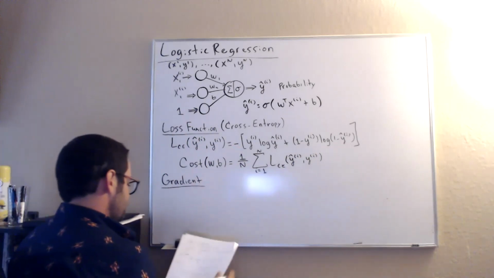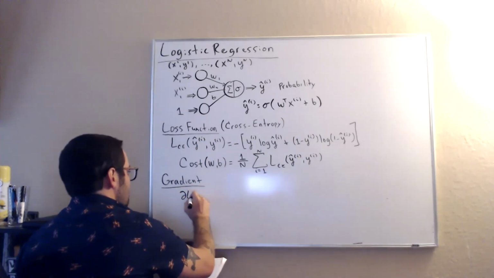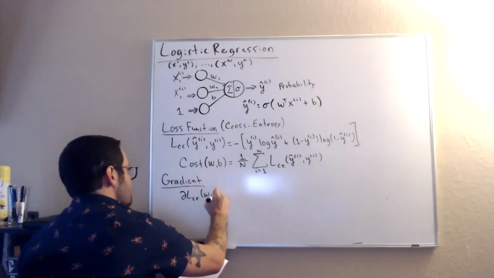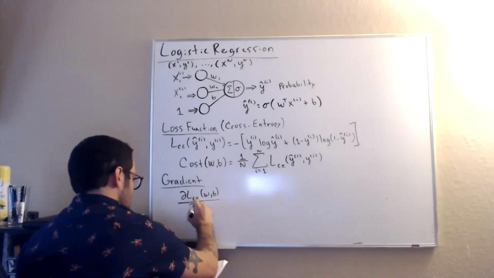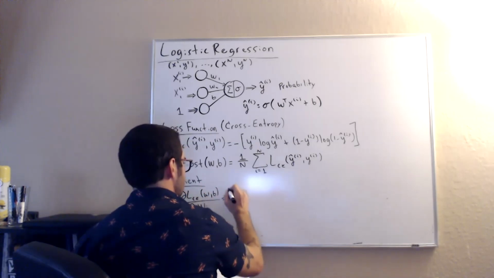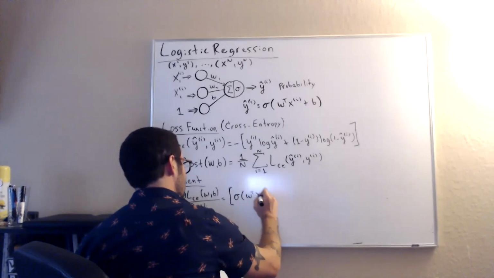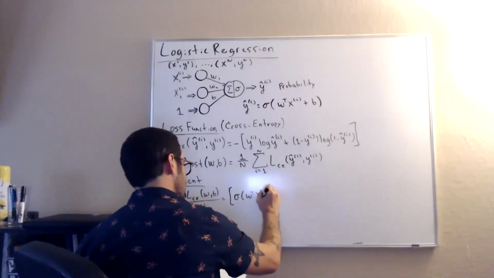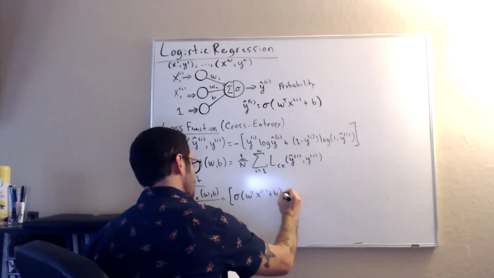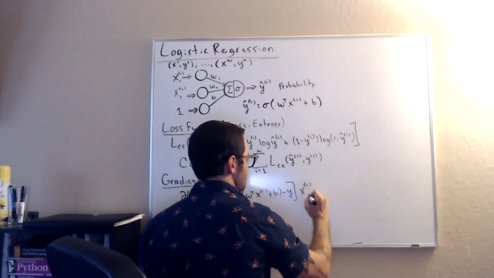So just recall from last time that the partial of the cross entropy loss with respect to w_j is equal to sigmoid of W transpose times x sub i plus b, minus y, times x superscript i's j.